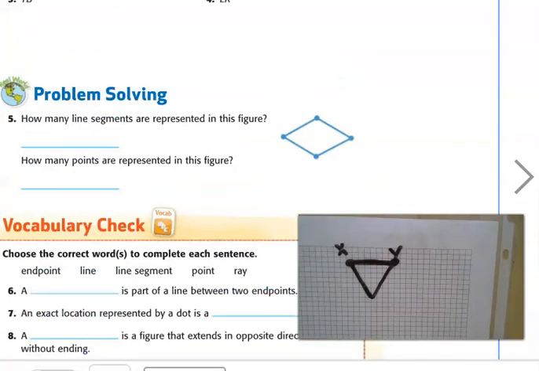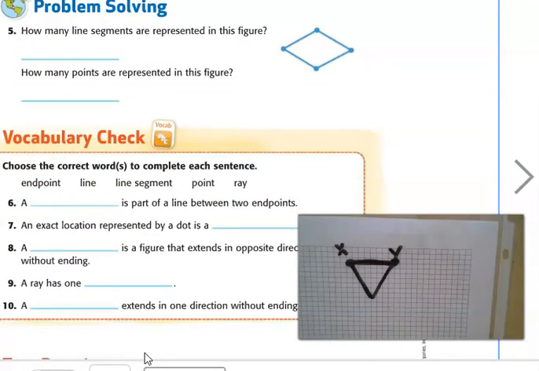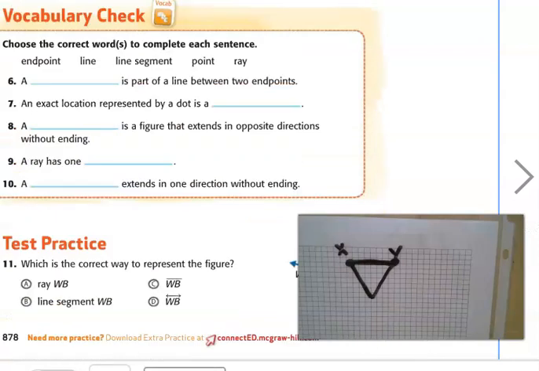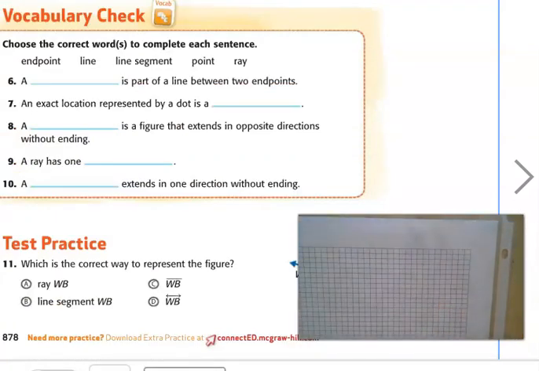Well, you've got your figure in your book, and just because it's diagonal does not mean it's not a line. If you've got this shape, is it a ray?